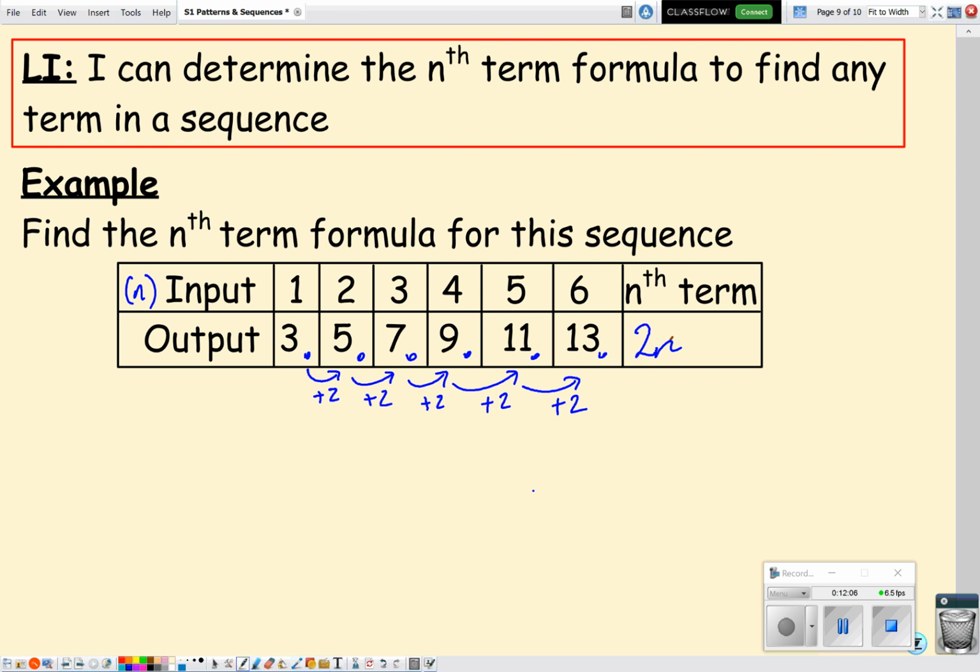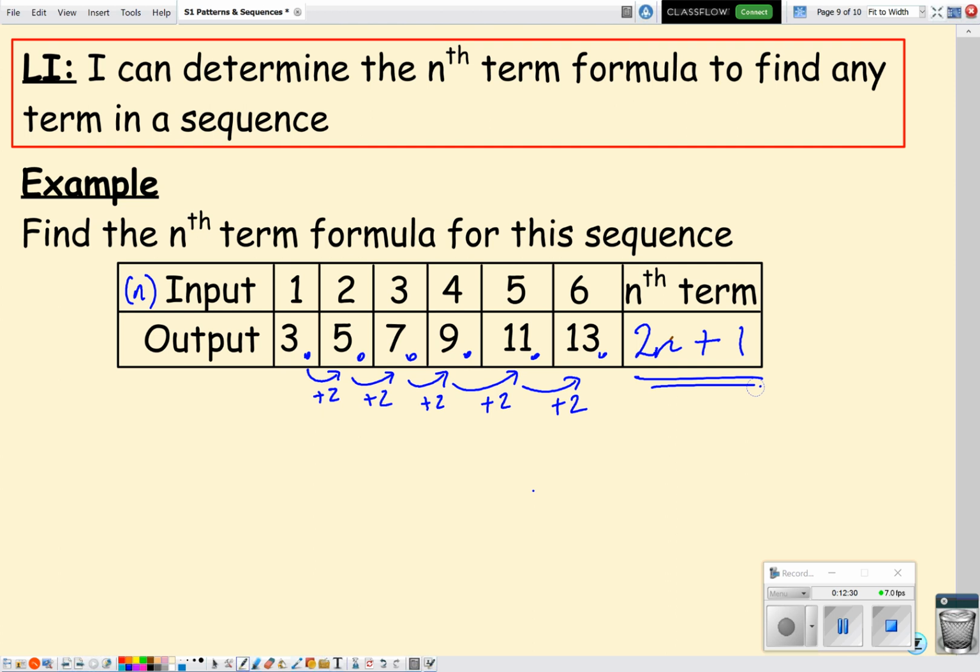Well, the 2 times table goes 2, 4, 6, and 8. This sequence is going 3, 5, 7, and 9. So this is one above the 2 times table, if you like. The first term is 3. The first term in the 2 times table is only 2, so we need to add 1. And that's it. Nth term formula.